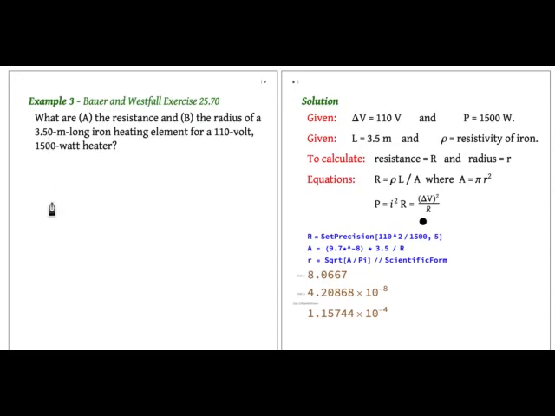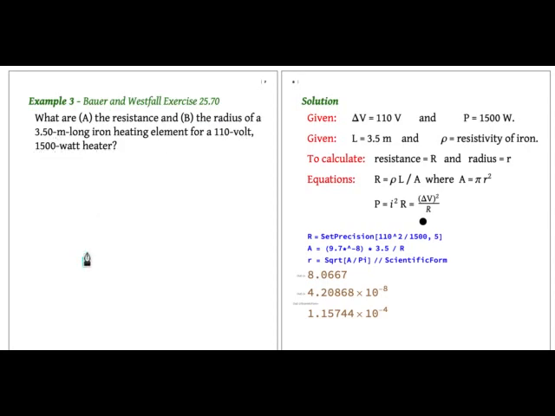Here's a third example. Again, it's a problem at the back of chapter 25 in the textbook by Bauer and Westphal. It's exercise 2570. It says, what are the resistance and the radius of a 3.5 meter long iron heating element for a 110 volt, 1500 watt heater?